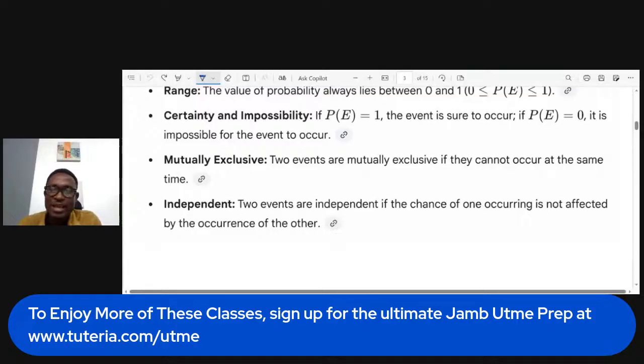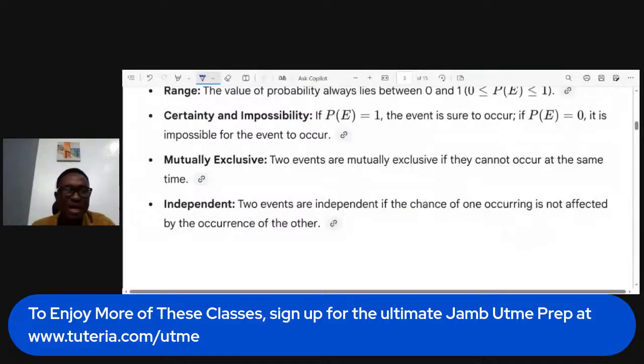So let's say, what is the probability that Folake will be in Oshodi by 2 p.m. and also be at Yaba by 2 p.m.? You know that it is impossible. You can't split yourself into two, isn't it? So you can't be in a place and be in another place at the same time. So the two events occurring together are mutually exclusive. That's what we mean by mutually exclusive events.